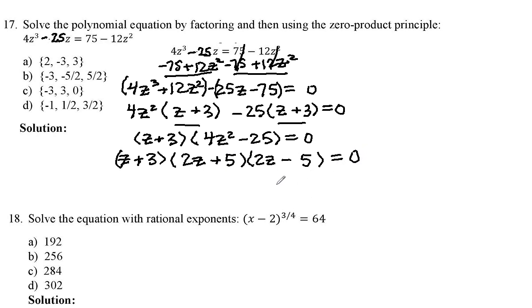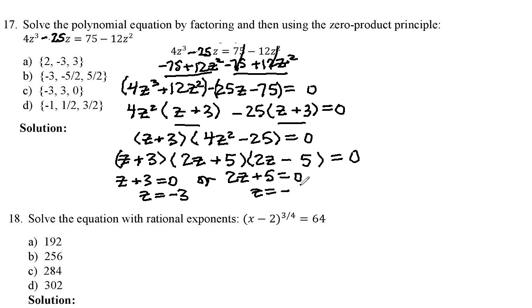Set that guy equals 0. So now if that product is 0, each piece is 0. So either z plus 3 equals 0, which makes z negative 3. Or the 2z plus 5 is 0, in which case you can bring the 5 over as a negative and divide by 2.